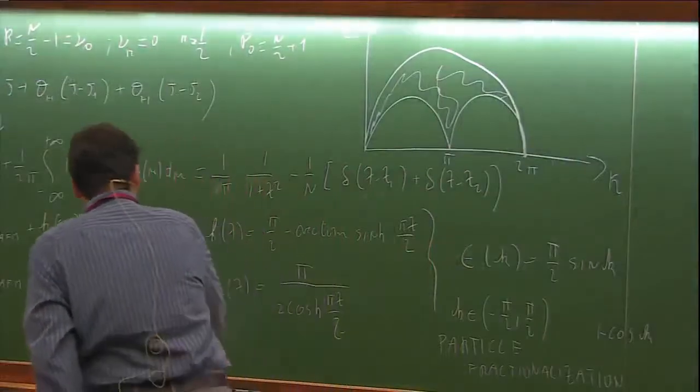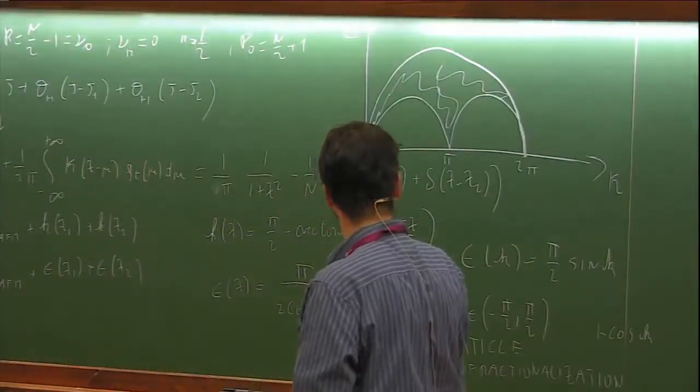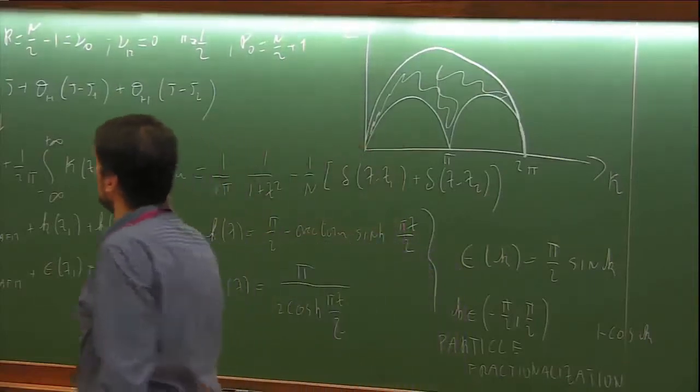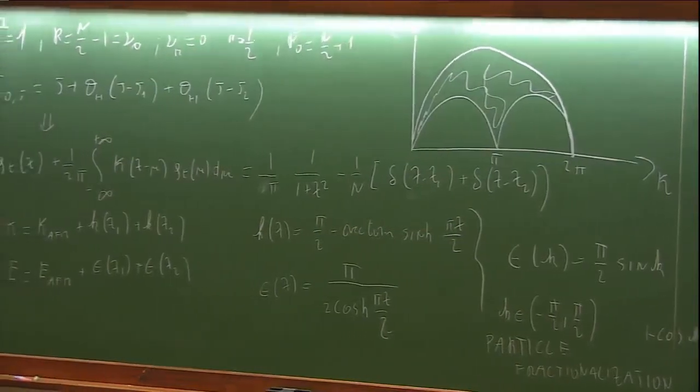Let's see. So here we constructed the two spinon state, and either remove them completely from your Hilbert space or with those excited bound states.